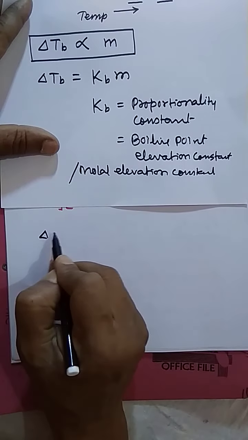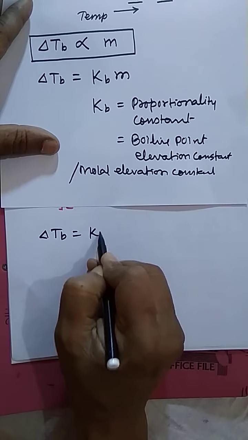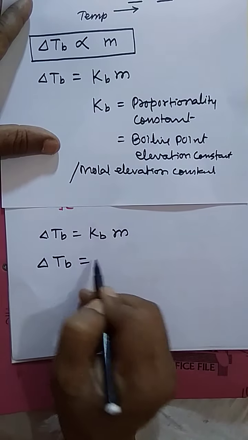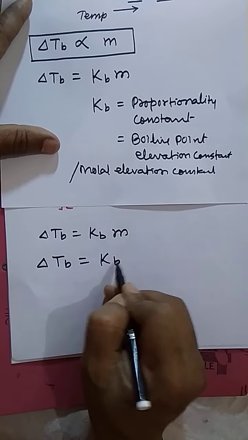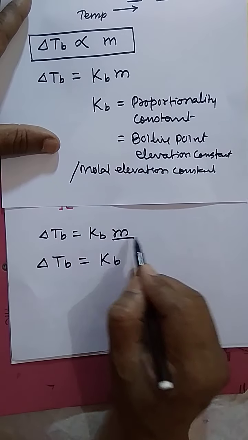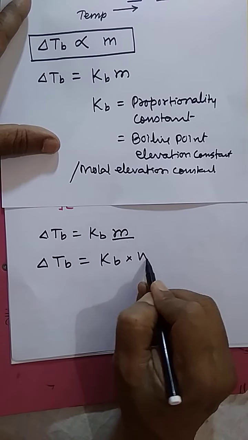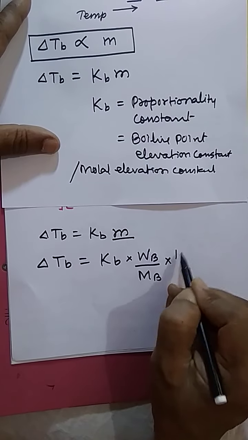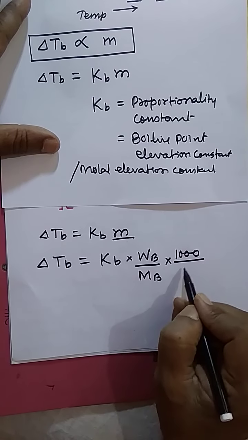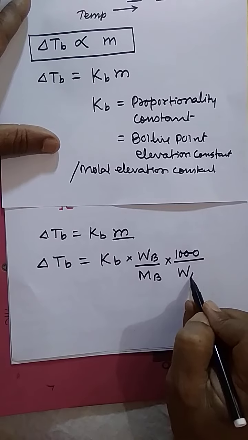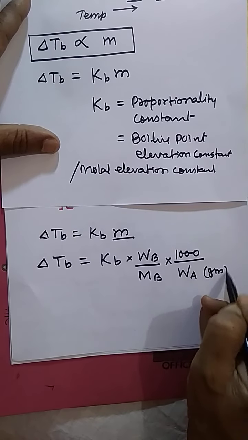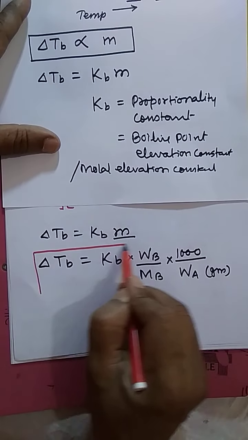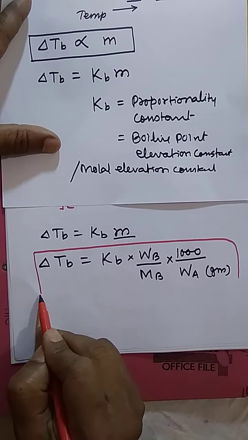delta Tb is equal to Kb m, and you can expand this equation. This is Kb and m is molality. So molality is weight of solute upon molar mass of solute multiplied by 1000 upon weight of solvent in gram, right? So you always remember this equation to solve numerical problems.